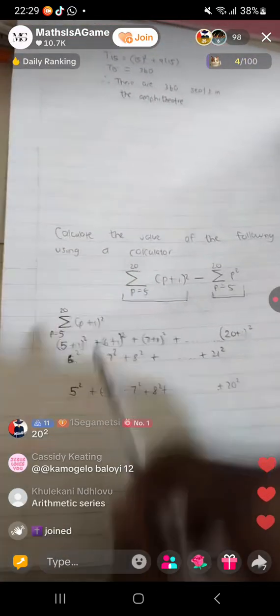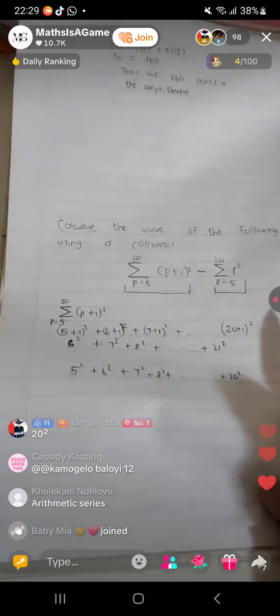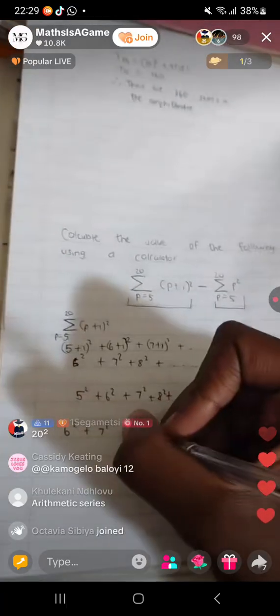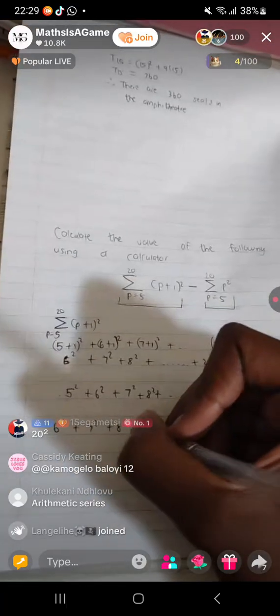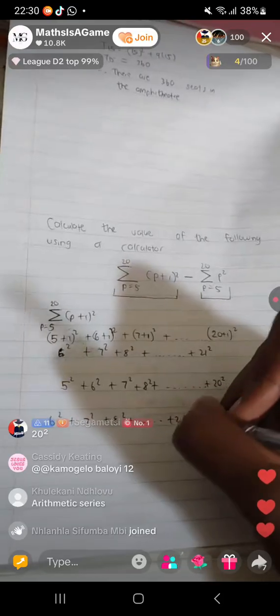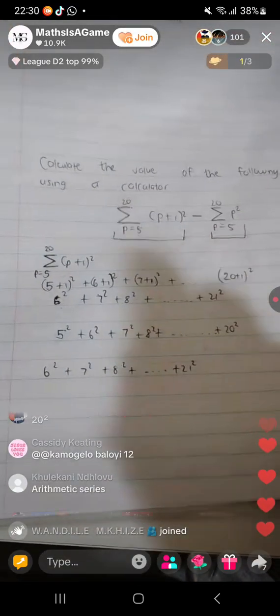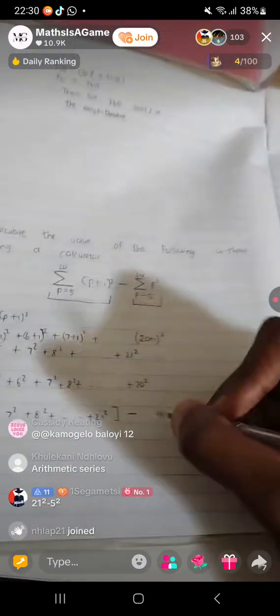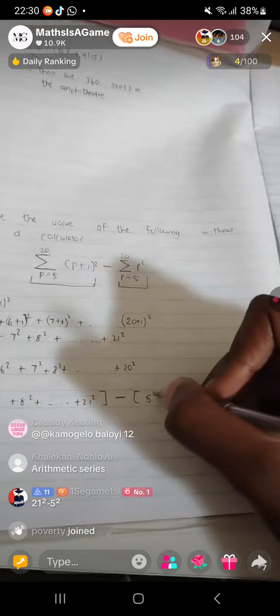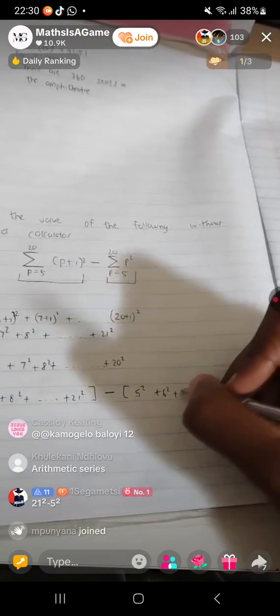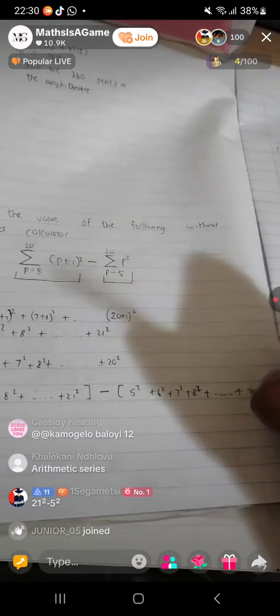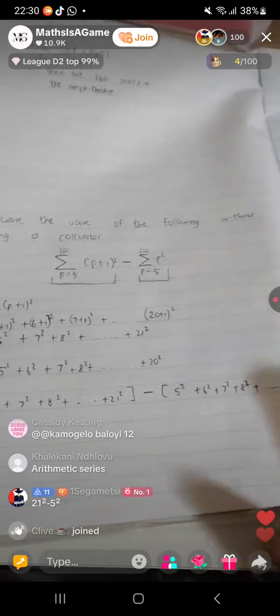So this here is supposed to subtract that there. So let me write this: 6 squared plus 7 squared plus 8 squared plus, up until 21 squared, minus 5 squared plus 6 squared plus 7 squared plus 8 squared plus, of course, up until 20 squared.